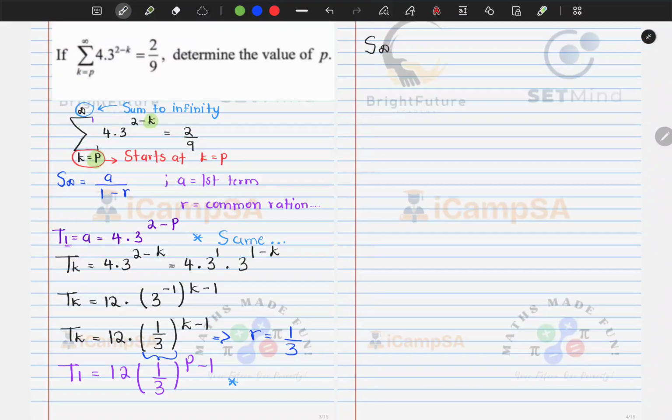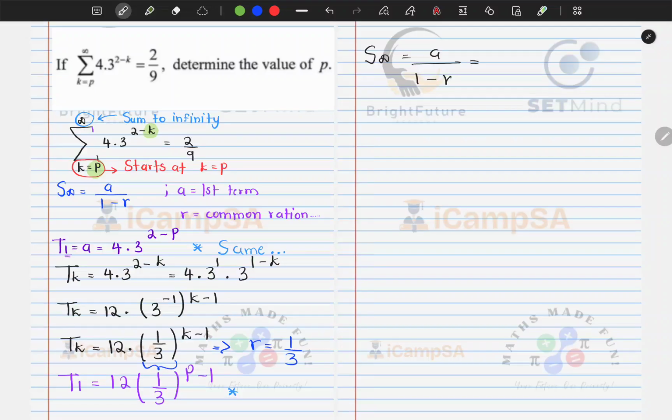We know that our sum to infinity will be a divided by 1 minus r, which means for our problem, using the first form, it is 4 times 3 to the power of 2 minus k, all divided by 1 minus 1 over 3. If you quickly work out the denominator, the answer will be 2 over 3, meaning we can multiply by 3 over 2.